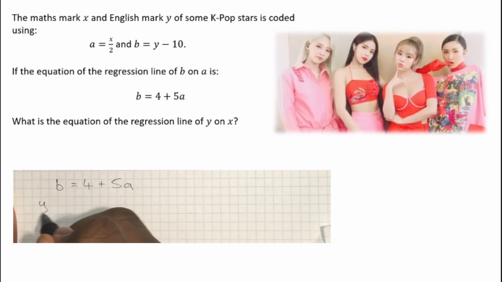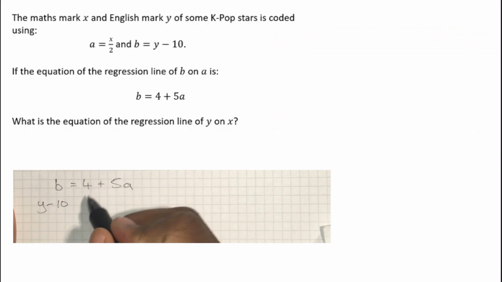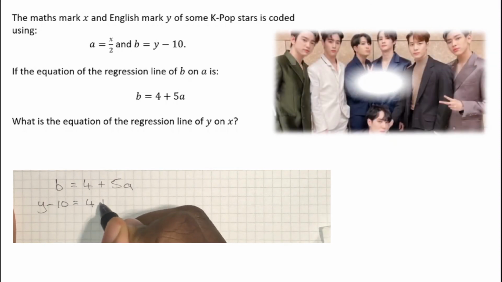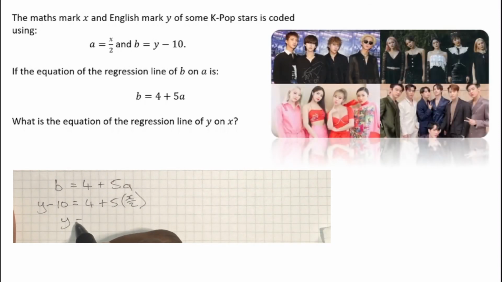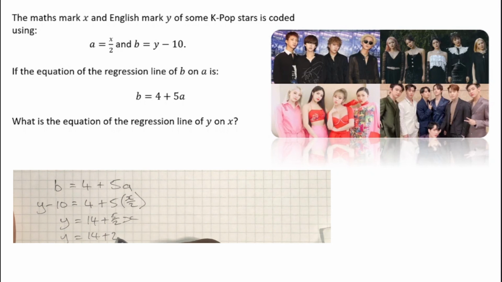We're going to substitute y minus 10 for b, and x over 2 for a. The first thing I'll do is expand the bracket, and I can move 10 over at the same time. Y equals 14 plus 5 over 2 x, or if you'd rather that as a decimal, 14 plus 2.5x.